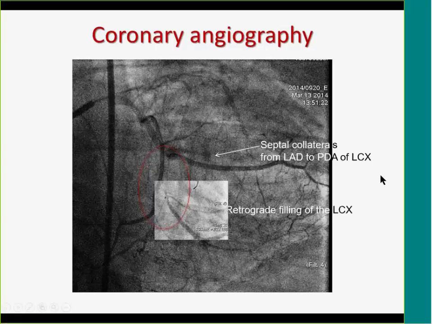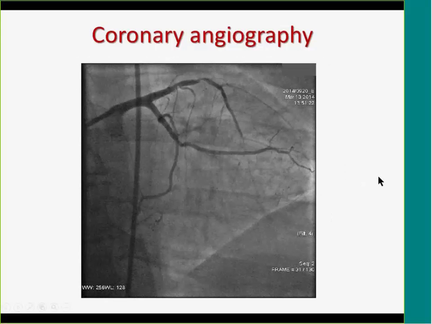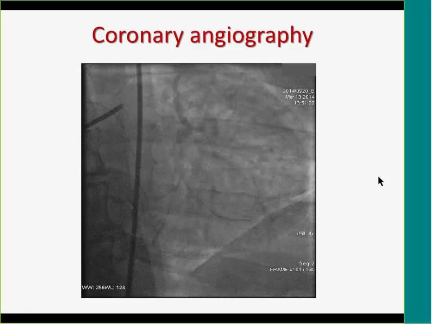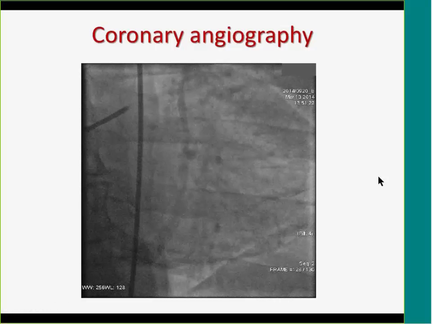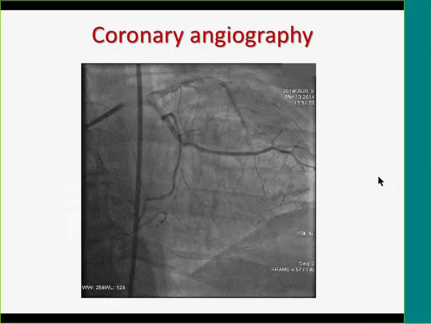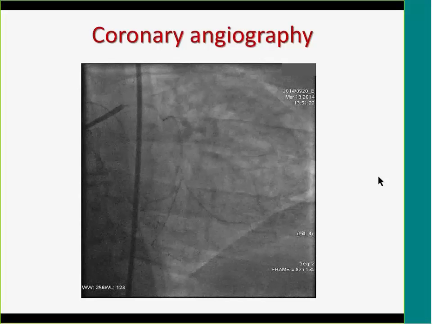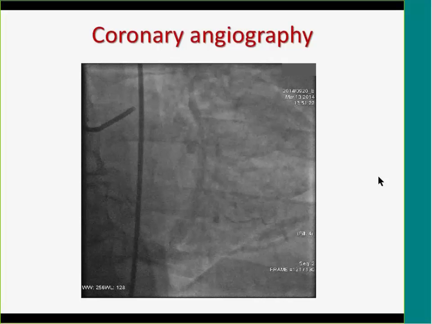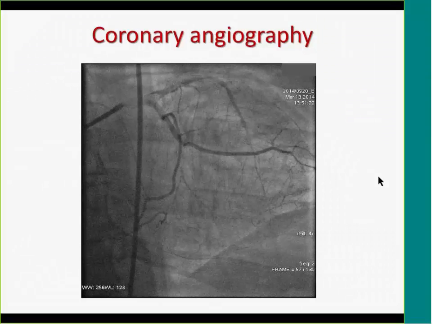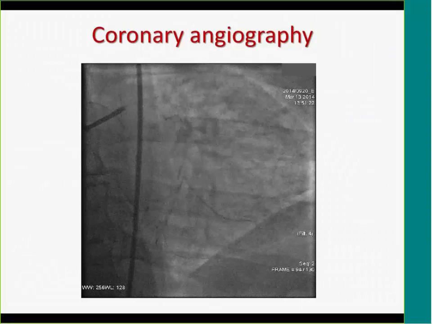So it's a flush occlusion at the rise of a big marginal branch. And as you can see, there is a faint supply of the distal circumflex through the septal collaterals coming from the diseased LAD.